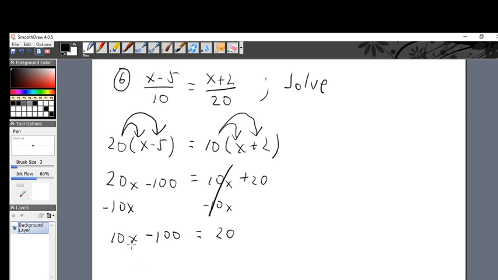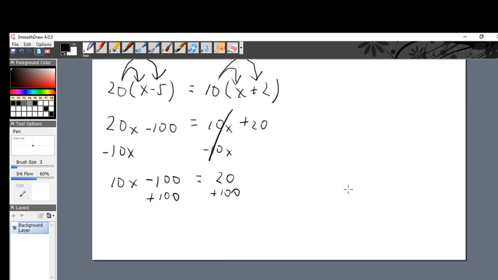Now I need x isolated on the left, and the numbers on the right. So I've got to get this minus 100 out of there. How do I get rid of minus 100? Plus 100. Whatever you do to the left, you do to the right. These are gone.